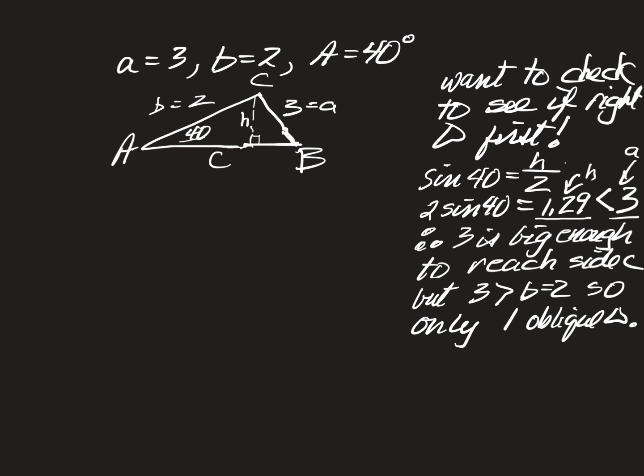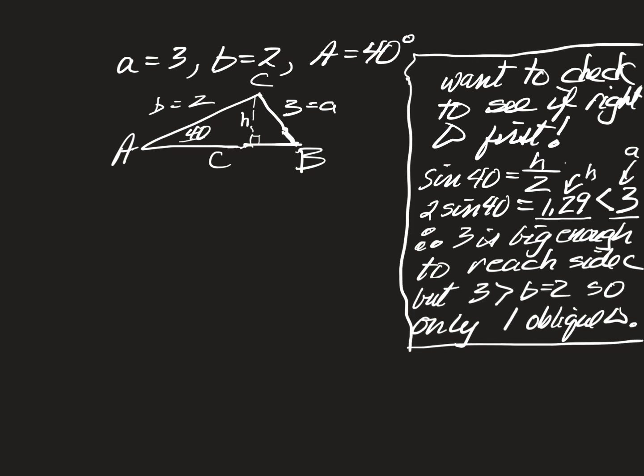Okay? So it's actually too big to make two triangles because it would rotate over and it'd be too big. Okay? So that's the idea. That's how you check. You've got to think about this to do law of sines.